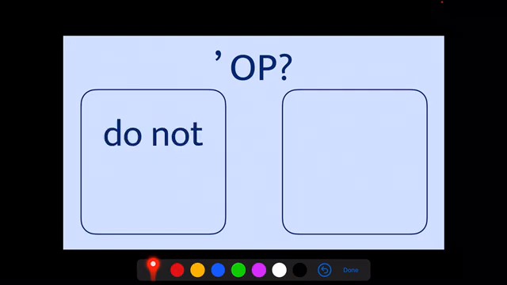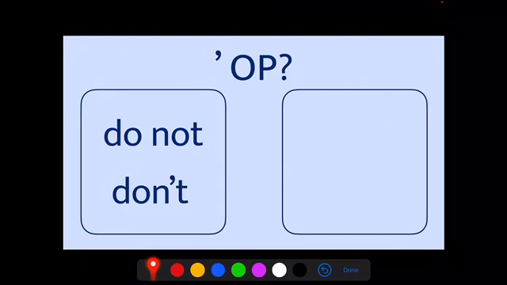If we look at the words do not, but we want to shorten it to don't, we think about what we omit. We omit the space between the words, and we omit this letter O to write don't.